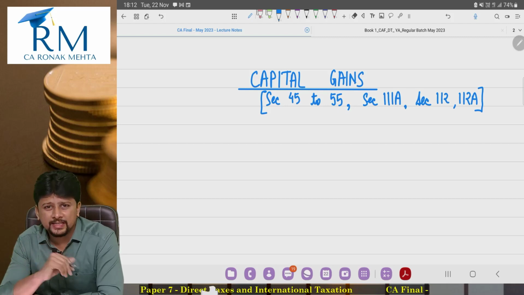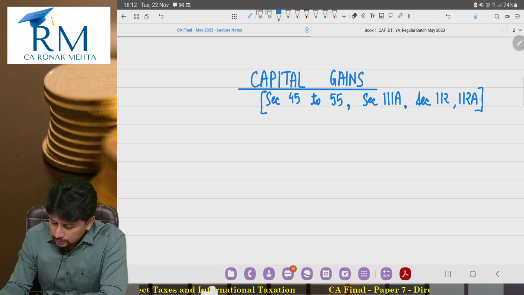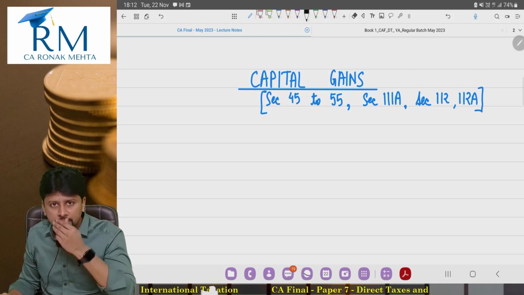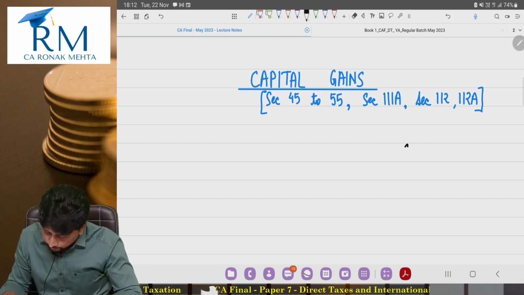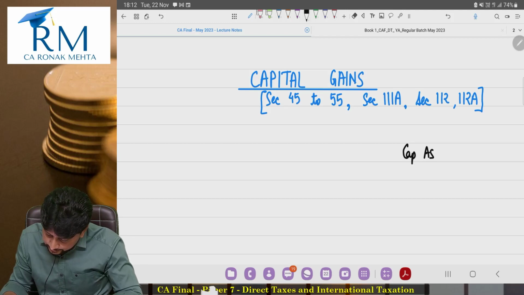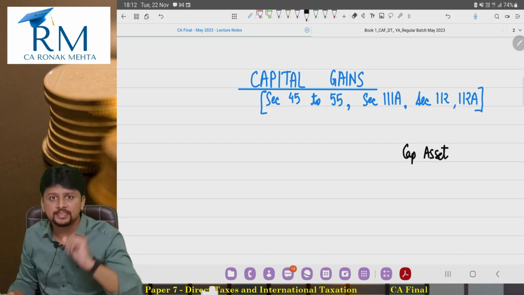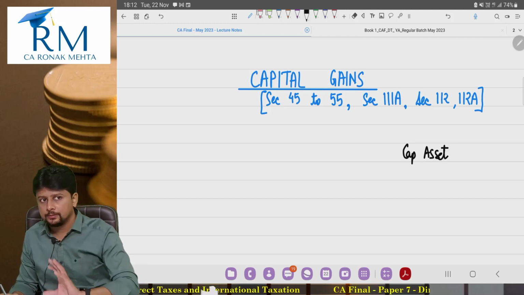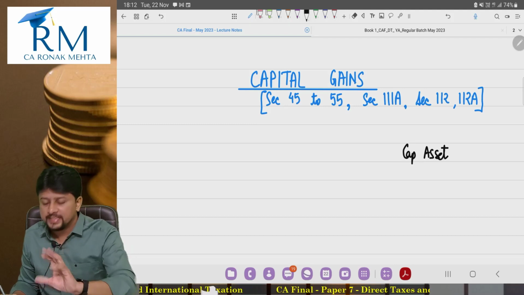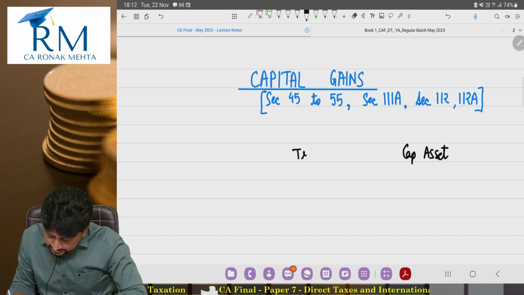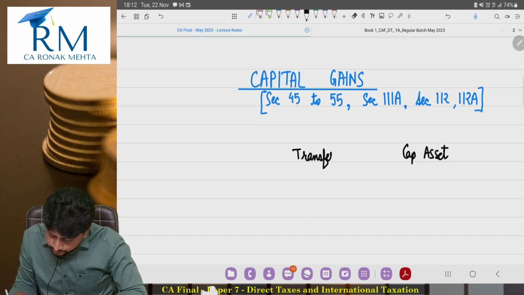Now, what is capital gains? So somebody would say, sir, capital gains mean when you sell a capital asset, what you get is capital gain. But sir, you don't sell. The word used in the Income Tax Act is transfer.